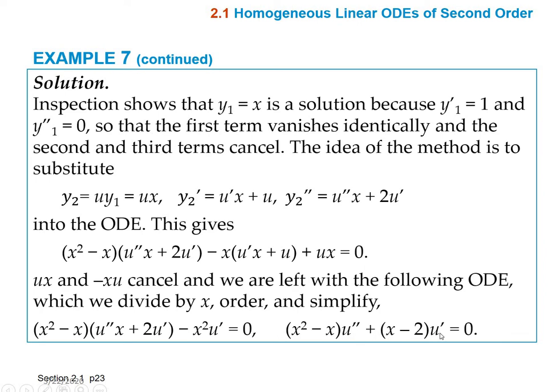I'm going to call u prime, for example, v. If this is v, this should be v prime. And this is where my second order is reduced to first order. This is why we call it reduction of order, because we are reducing our equation from a second order ODE to a first order ODE.